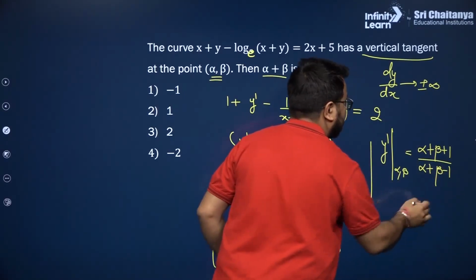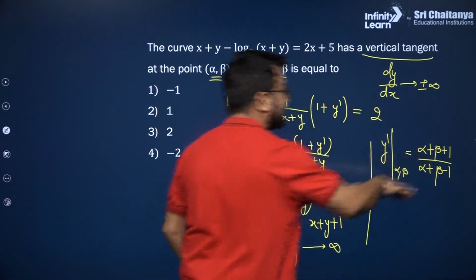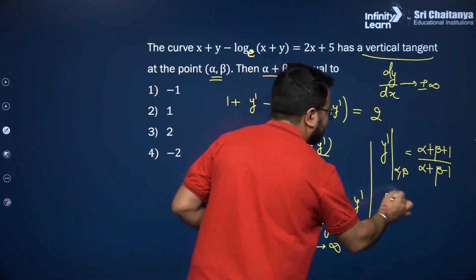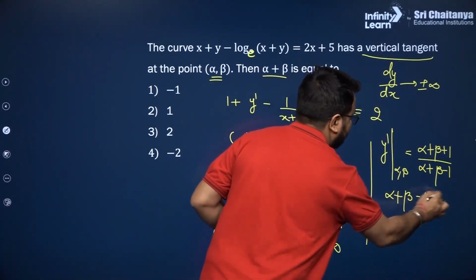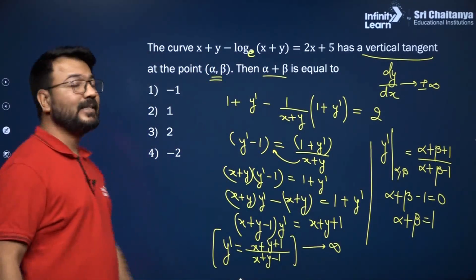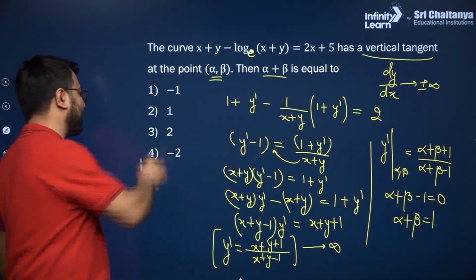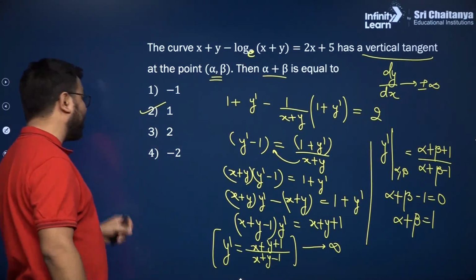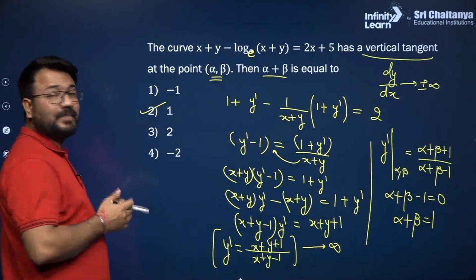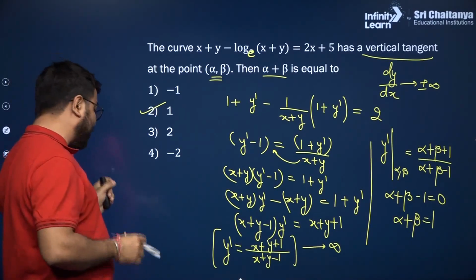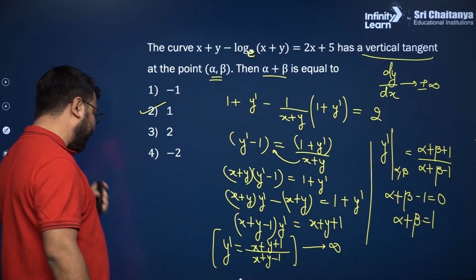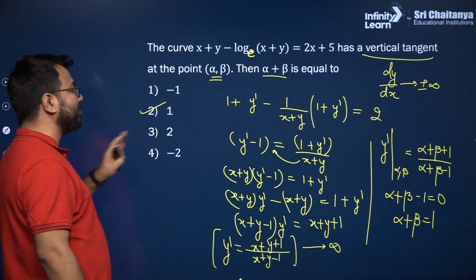So if I equate this derivative to infinity, the denominator should be 0, and in this situation, by making the denominator 0, I will be able to get the value of alpha plus beta, which is equal to 1. So 1 is given to us in option B, so that is why option B will be the final answer. Are you able to understand how we are obtaining option B as the final answer? If this is clear to you, then we will be moving ahead to the next illustration.